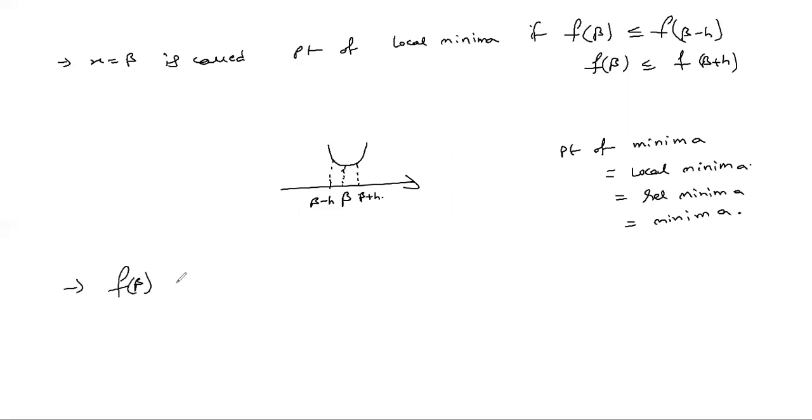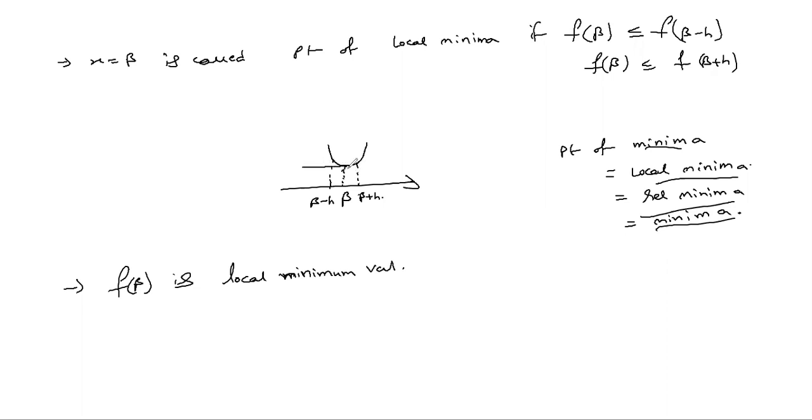Okay, next note point. f of beta is local minimum value.